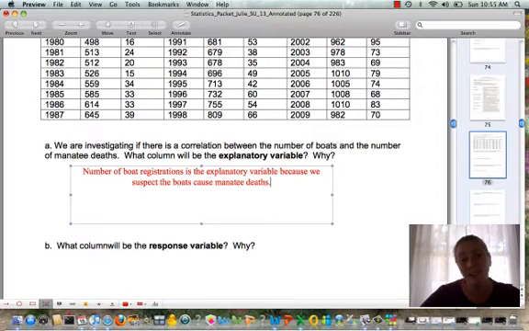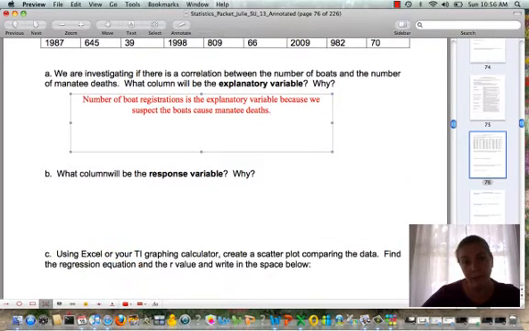Our next question is which column will be the response variable. So remember, the response is the outcome. So in this case, the number of manatees killed by boats is our response variable.